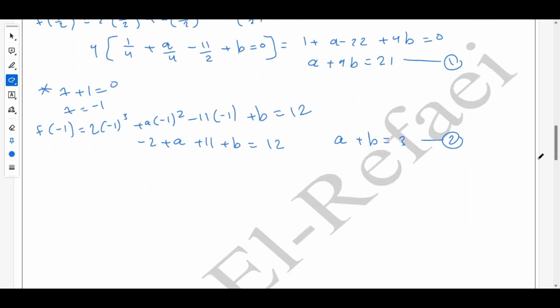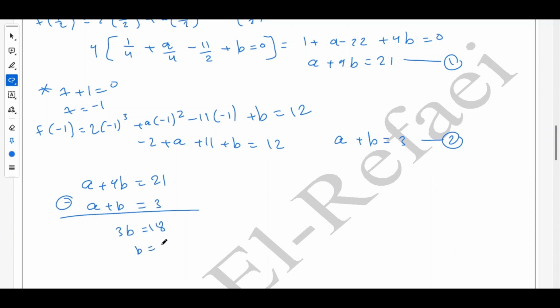I'm going to solve these two equations simultaneously by using elimination. a plus 4b equals 21, a plus b equals 3, subtract: 3b equals 18.